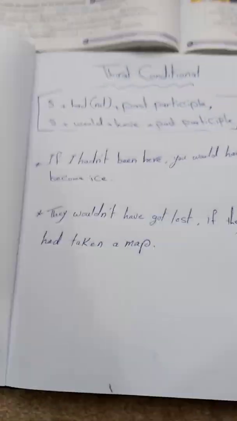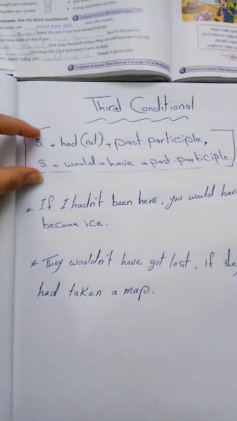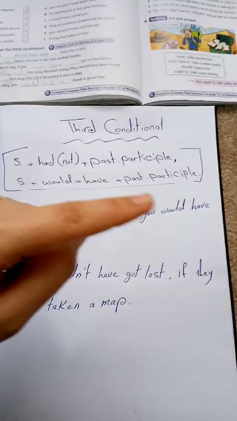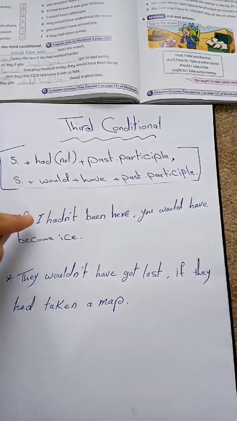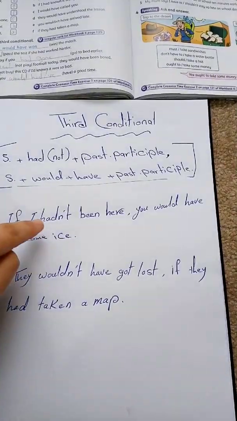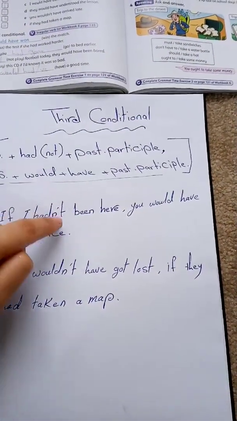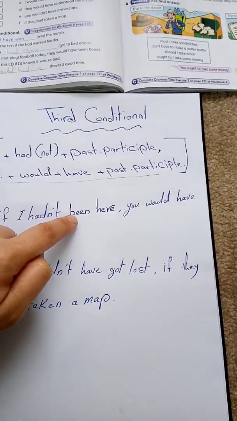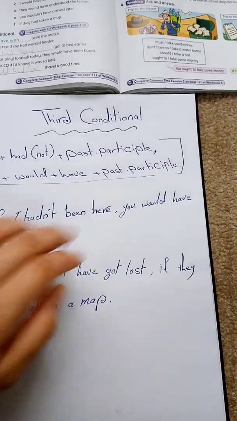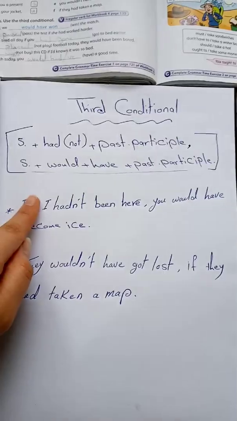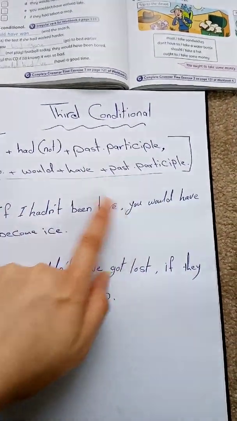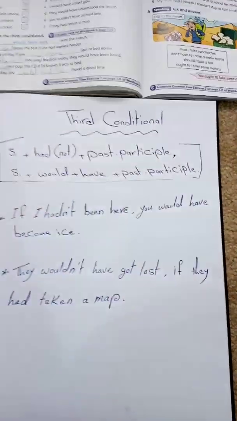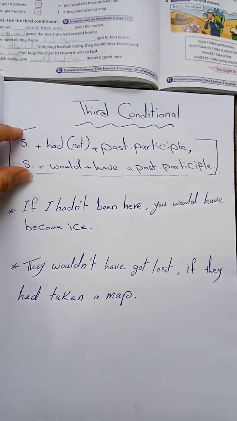Okay, see, this is the rule. We have an example. If I hadn't been here, you would have become ice. We have if, subject, had or hadn't. So here we have hadn't, had not, been, past participle, and this continues. The second rule, subject, would, have, and we have become, past participle. So this is an example about this rule.